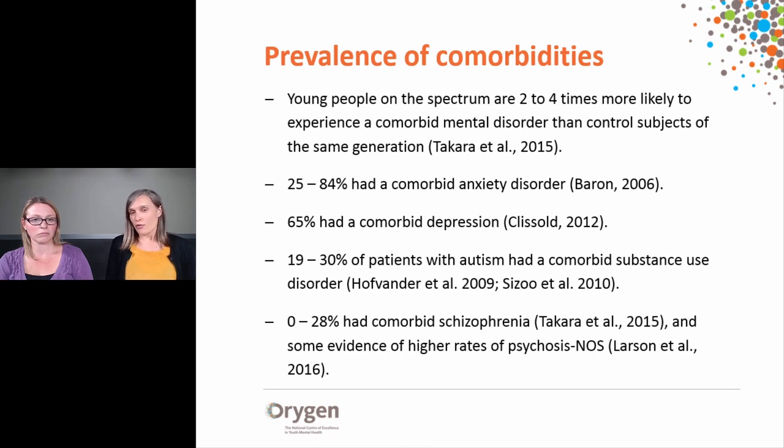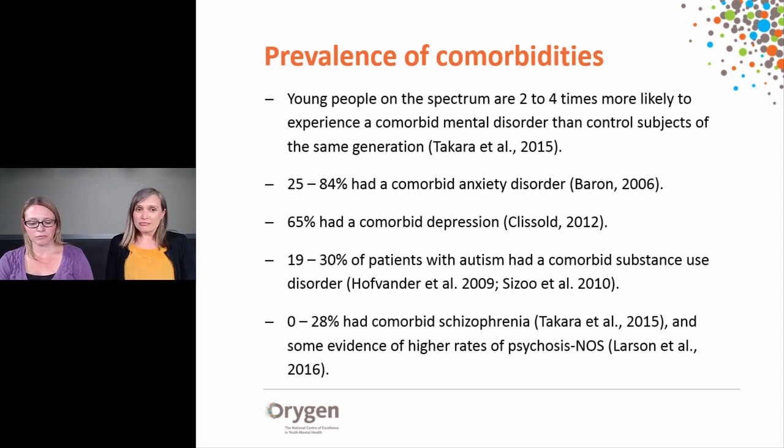That's quite a wide range of prevalence there, from 25 to 84%. But in our clinical and anecdotal experience, I would say it's more on the upper end of that range. In fact, there's talk at the moment about anxiety being included as one of the diagnostic criteria because it's so prevalent.